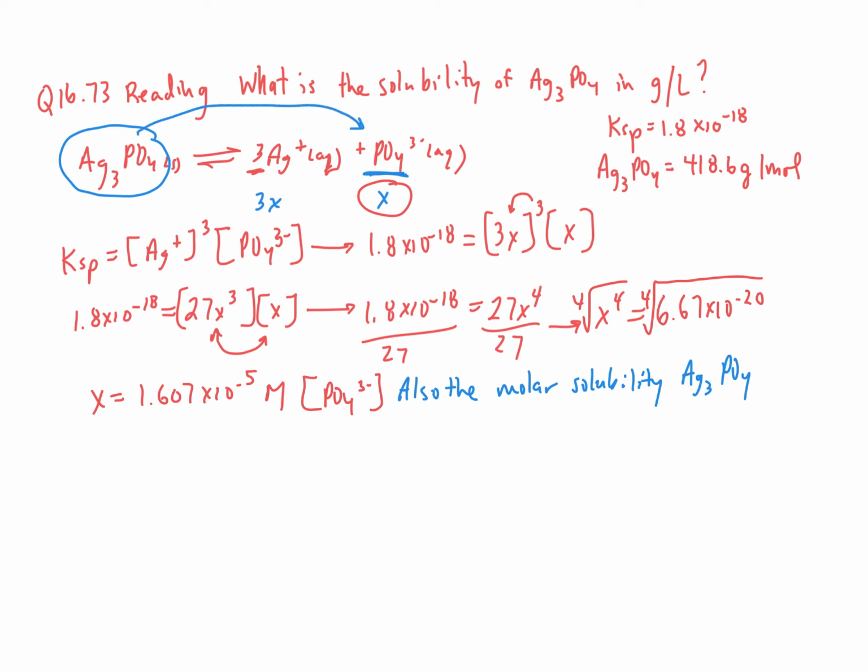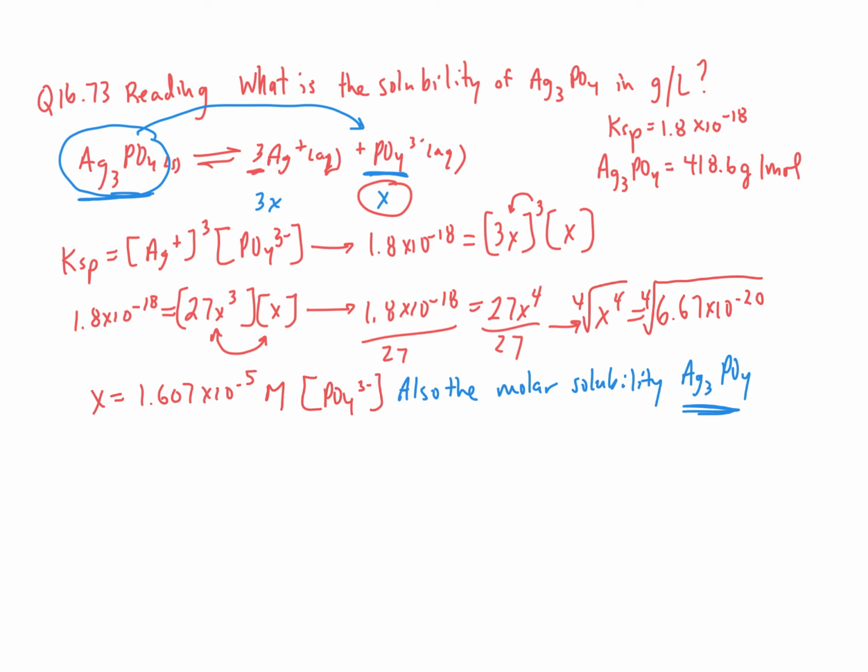So the concentration of phosphate in solution equals the concentration of silver phosphate that was able to go into solution. It's not equal to silver because of that coefficient of 3. The concentration of silver is actually higher, but our concentration of phosphate gives us the solubility of silver phosphate.